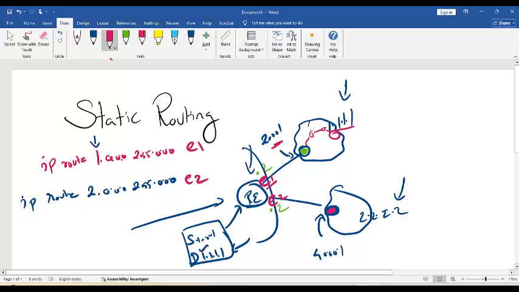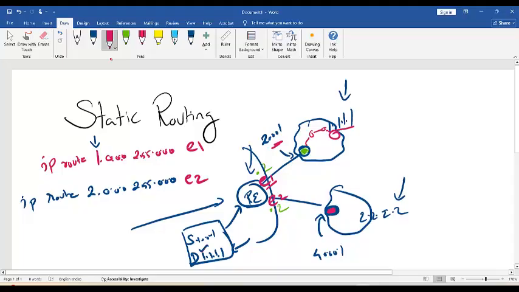If you do not know the next router's IP, you simply say the exit interface. The packet will go out on that interface. On that interface, it knows the gateway. It knows the MAC address of the service provider side, so it can put the MAC address and send the packet. Simple. So if you are not aware of the next router's IP, you can give your exit interface.